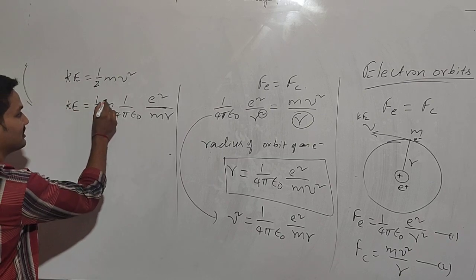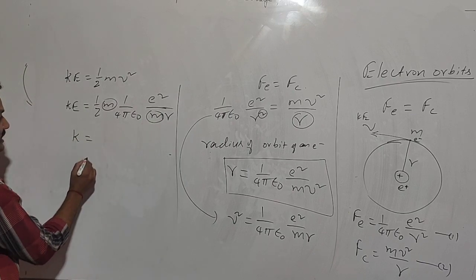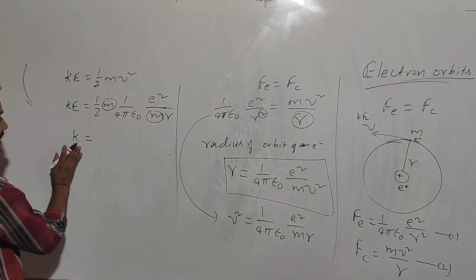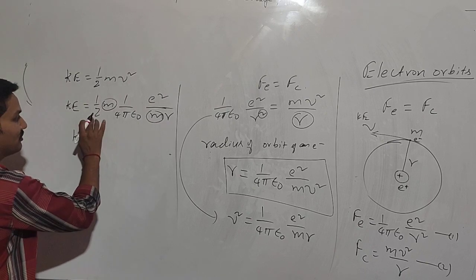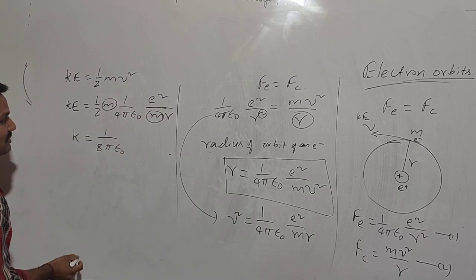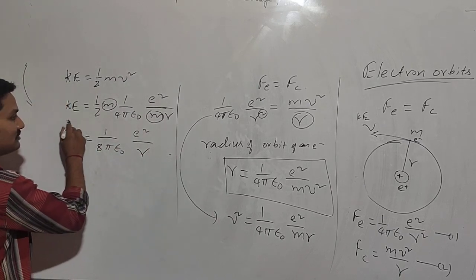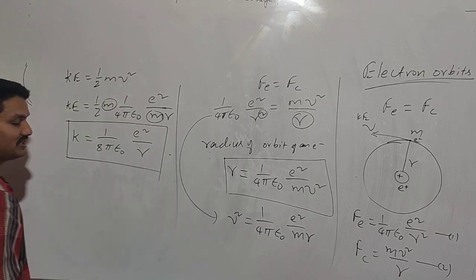Here m cancels, and taking 2 into 4 as 8, we get K equal to 1 by 8 pi epsilon naught e square by r. This is the kinetic energy.